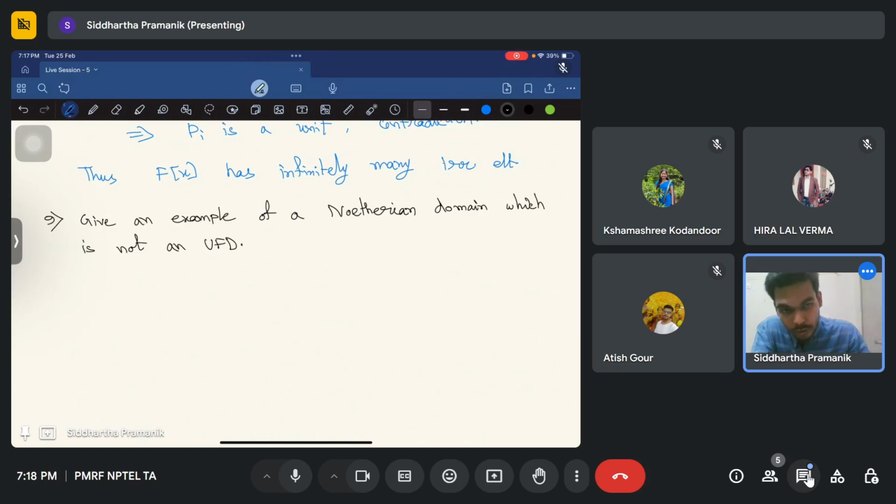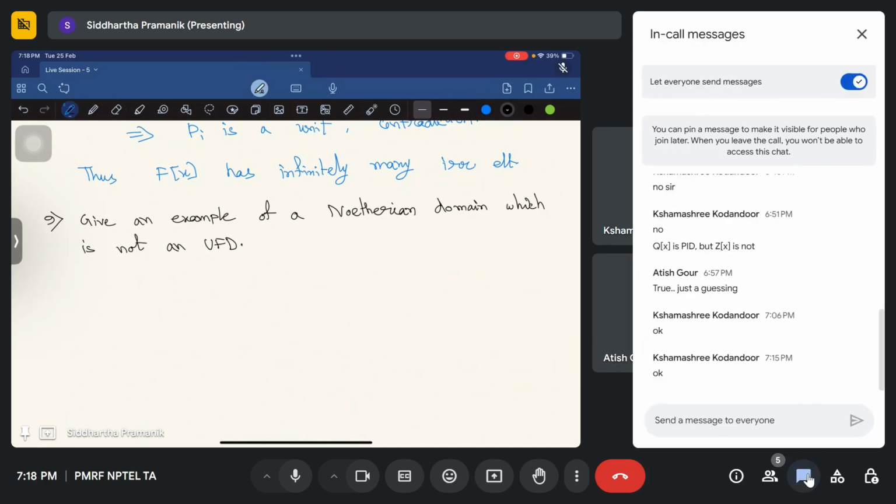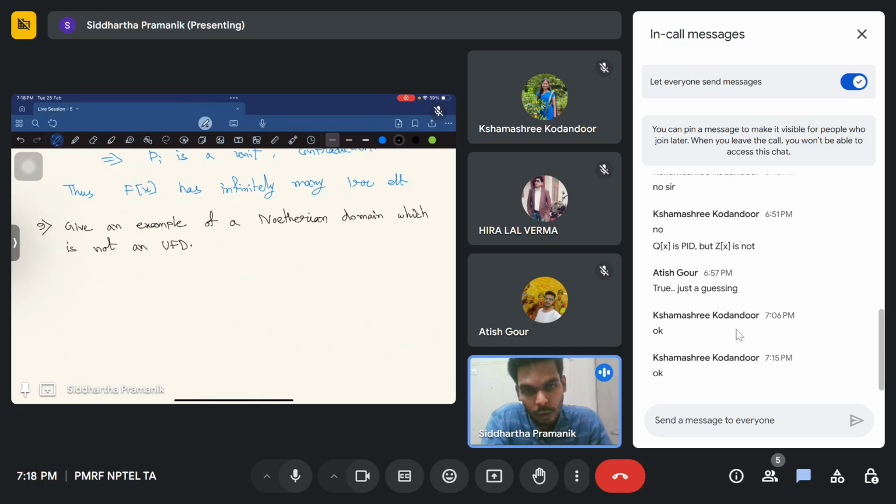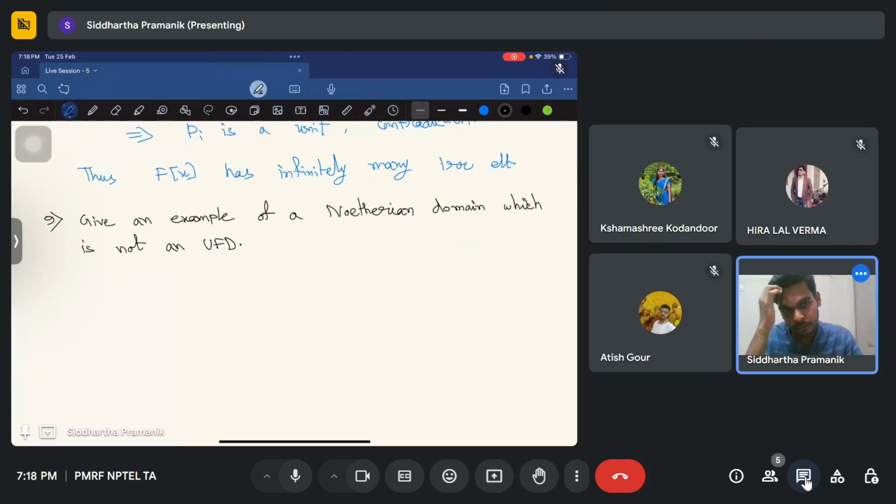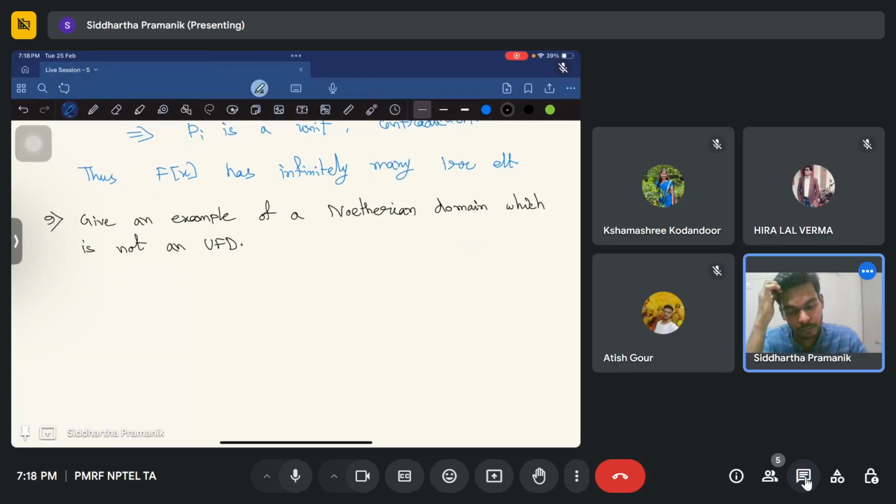So do you have any example in your mind? So this is not difficult. Whatever you have learned, this can be done from that only. So from the earlier examples, can you conclude something?